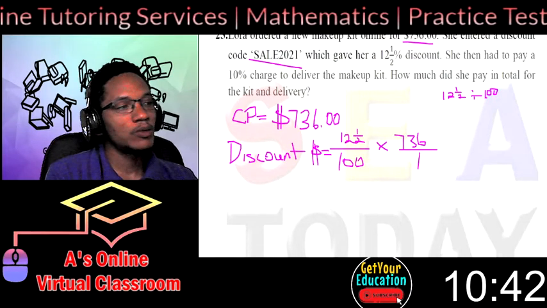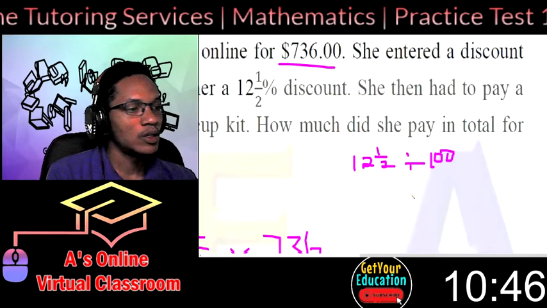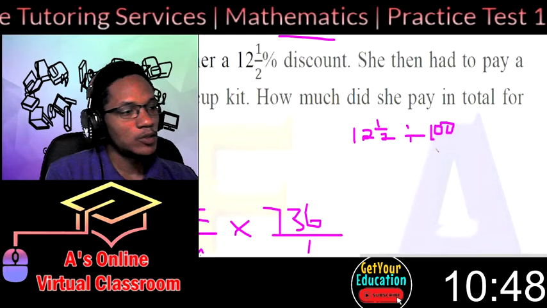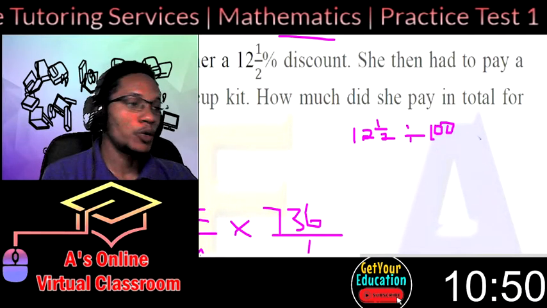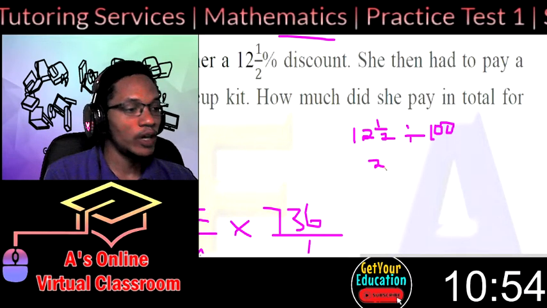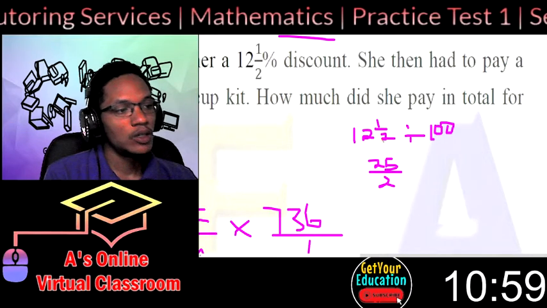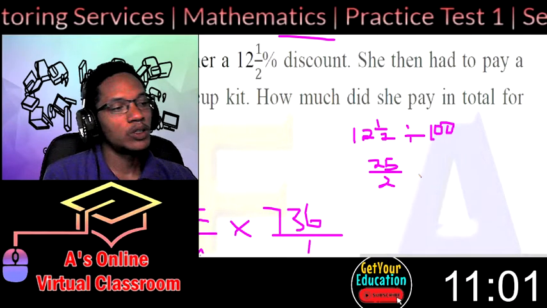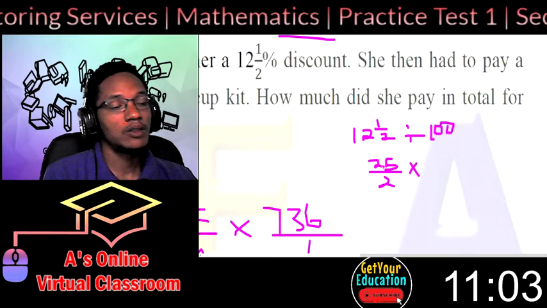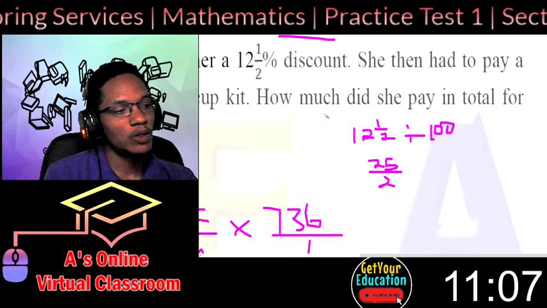So we're just going to want to simplify this a little bit. So we could say 12.5 becomes 25 over 2. Right? We change it to an improper fraction. 12 times 2 is 24, plus 1 is 25, divided by 100 over 1.